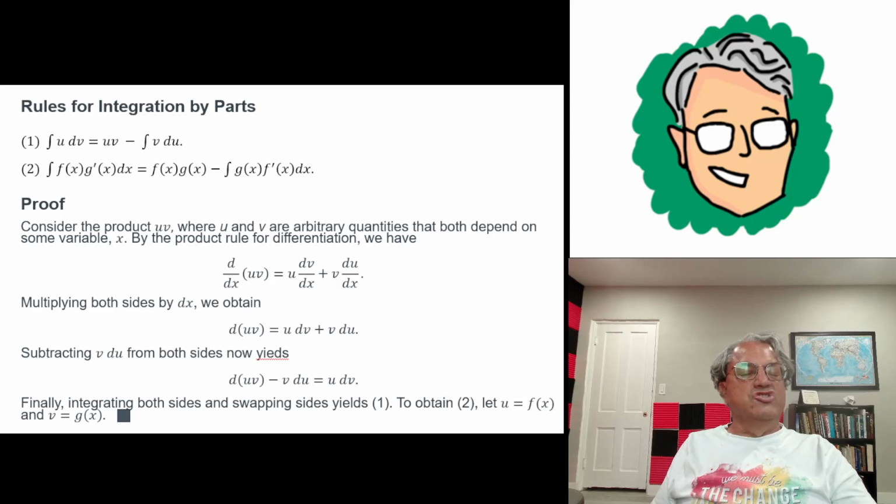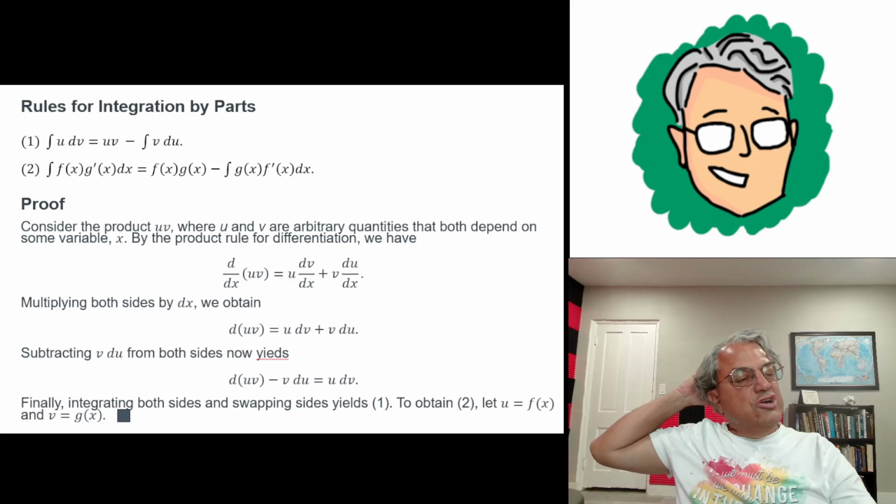Just think of this as a small change. So really what this equation is saying is, if you have two quantities u and v, and you make a small change in their product, d of uv, that's all that means. It's equivalent to multiplying u times a small change in v plus v times a small change in u. That's all this is saying.